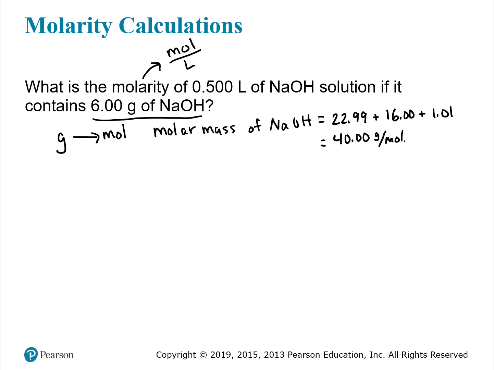So there is our molar mass for sodium hydroxide. Now we can take those 6 grams and make them a little bit more useful. Remember that the molar mass can also be written as a conversion factor.